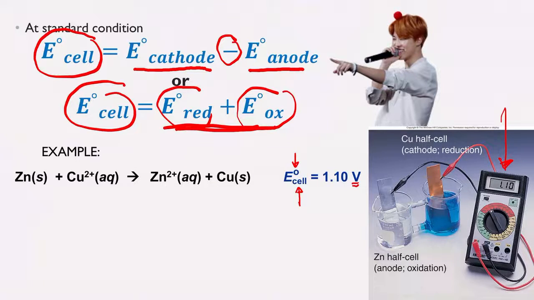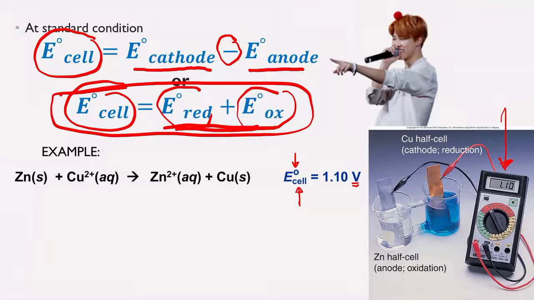But note that when you are using this formula, you can usually get it from your SRP table and directly use it, because your standard reduction potential table tu dia memang sedia ada dalam bentuk reduction of your substance. But note that when you are using this, you will have to terbalikkan the sign of this oxidation.